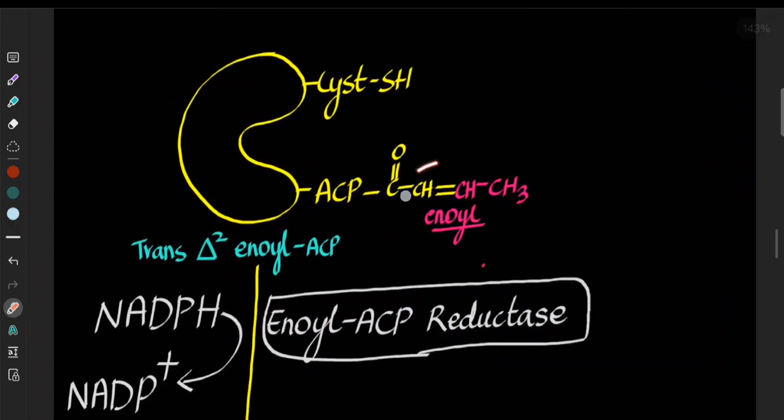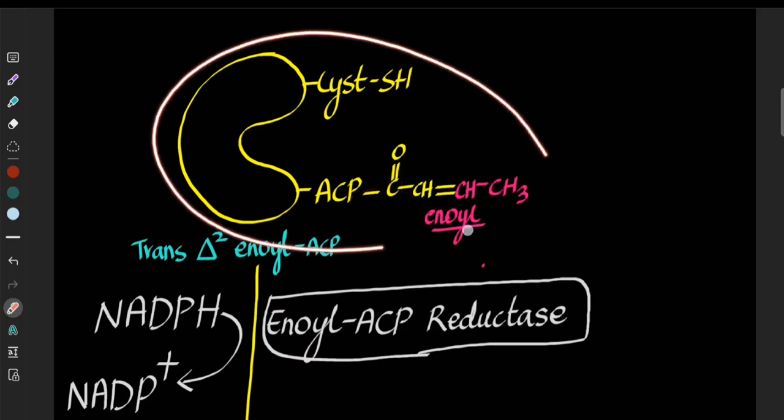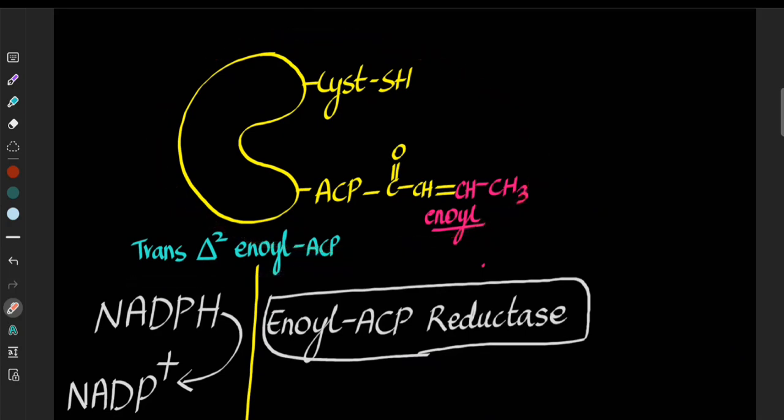And this particular compound is known as trans delta 2 enoyl ACP, right? Now why is it trans? Because the CH3 is going to go out here, and then H is going to go out here, right? So it's going to be a trans.